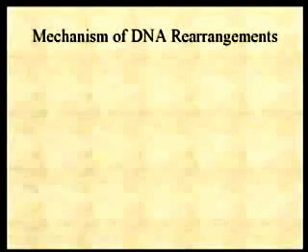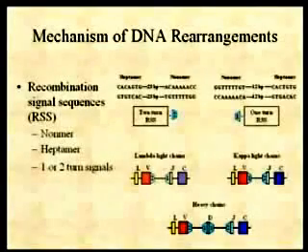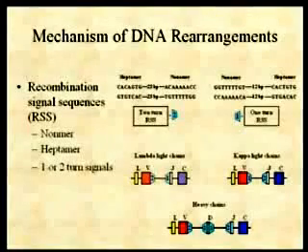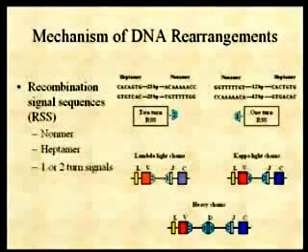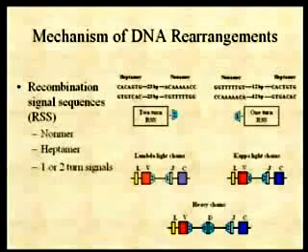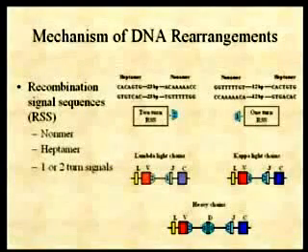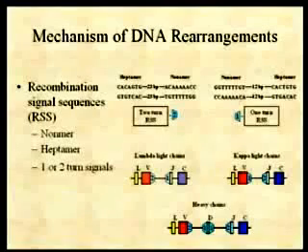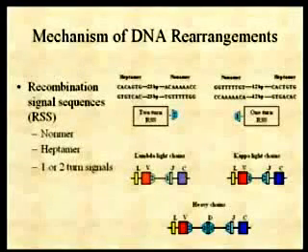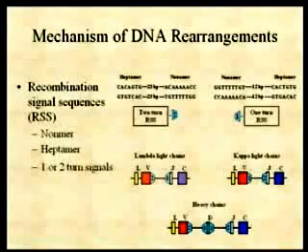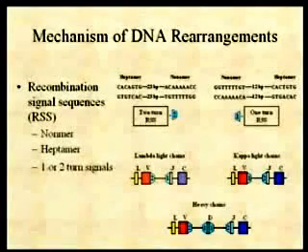All right. So how do these rearrangements occur? This is a recombination event. And while it uses some of the normal recombination machinery within the cell, there are some very unique features of this recombinase that carries out this recombination. What this recombination is dependent upon is the recognition of things that have been called recombination signal sequences, or RSSs. And these have a unique structure.